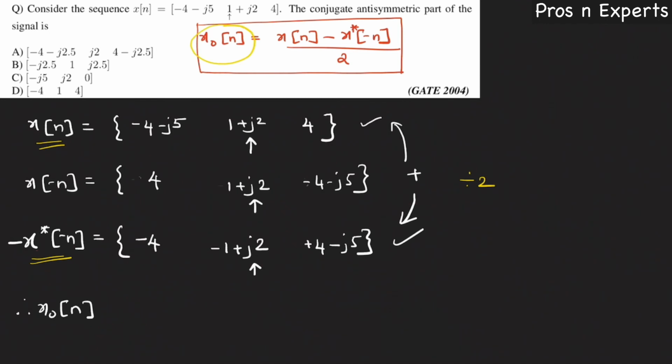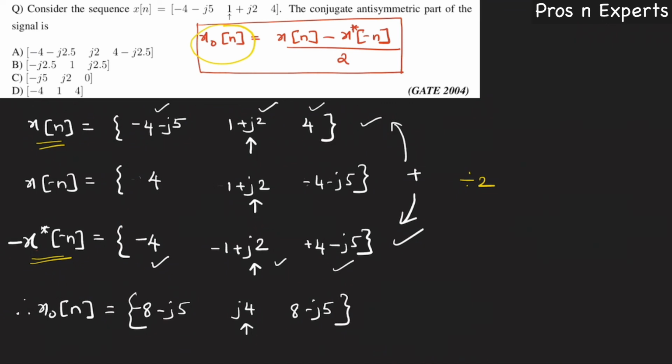So what is xo of n? We have to add the corresponding samples. So minus 4 minus j5, minus 4 is minus 8 minus j5. Second sample, you add these two samples at origin: 1 plus j2 minus 1 plus j2 is j4, at origin. And the final sample, you add this sample and this sample: 8 minus j5.